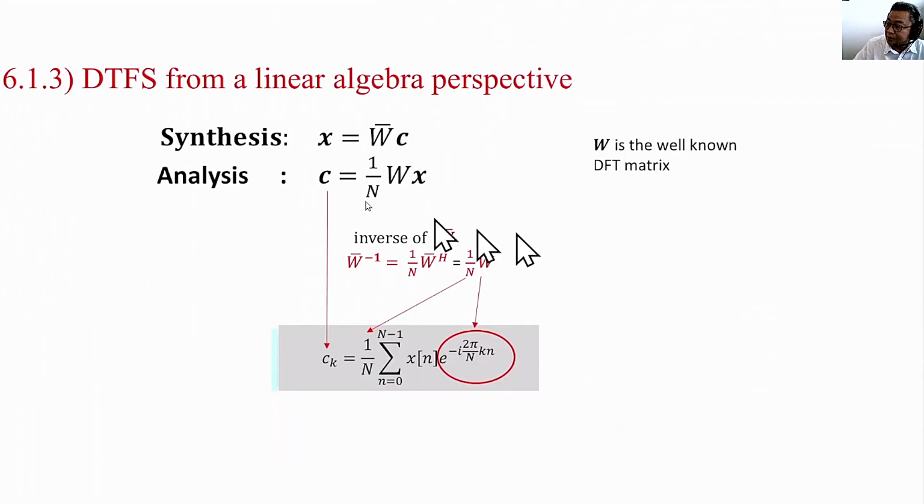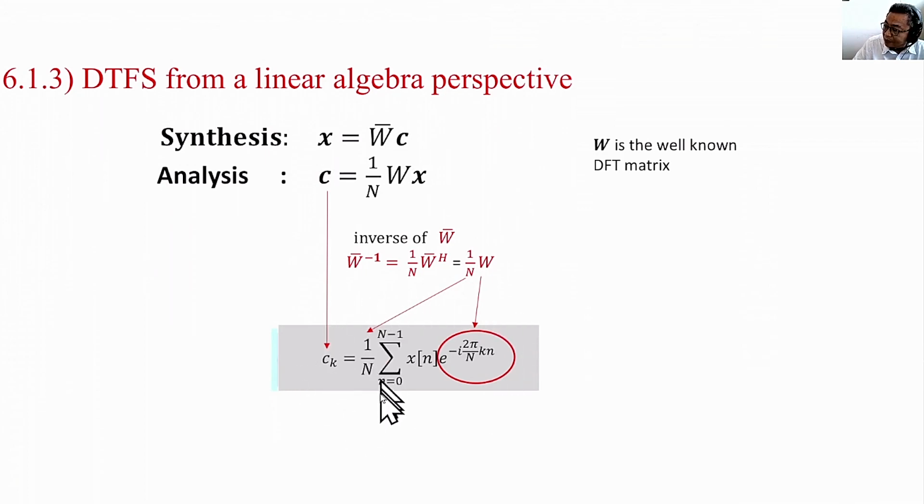So this actually is the summary of the synthesis and the analysis equation. The relationship between W bar and W is that they are complex conjugates of each other. The 1 over n is introduced such that 1 over n W times W bar is identity. This is the analysis equation.